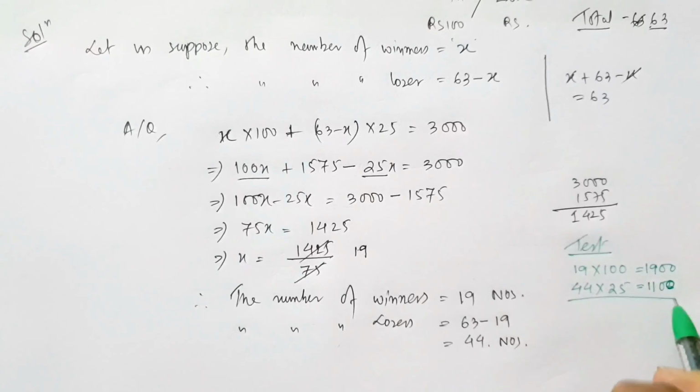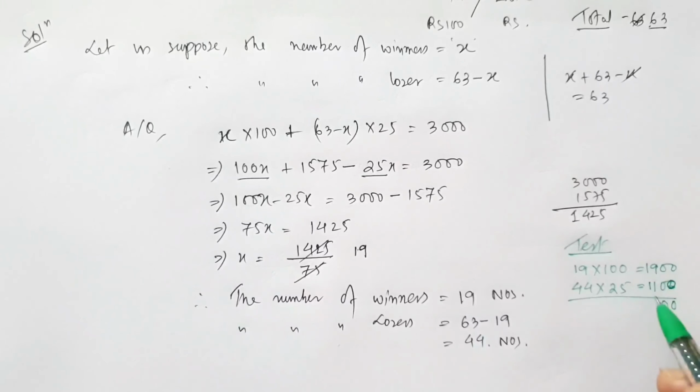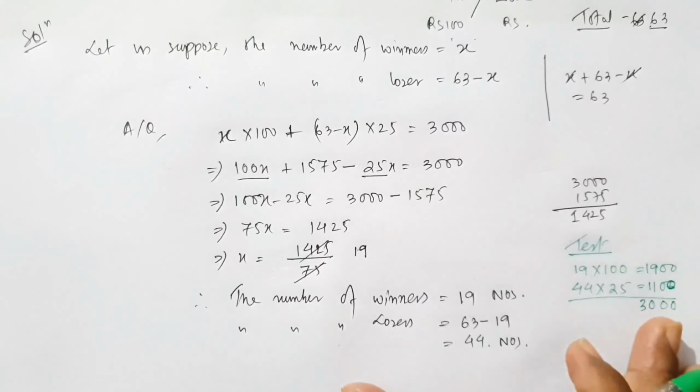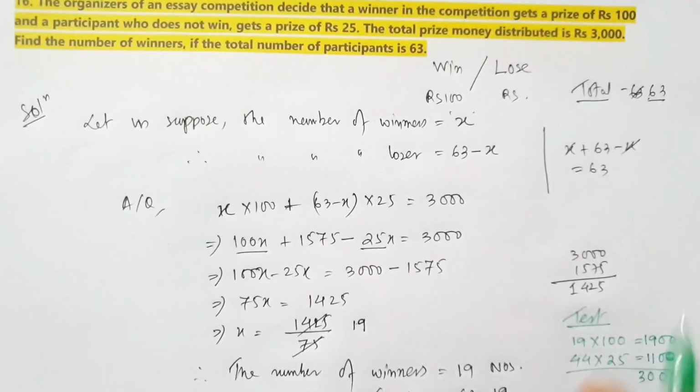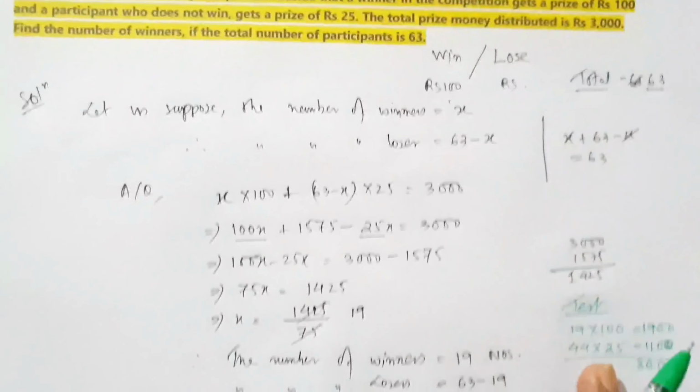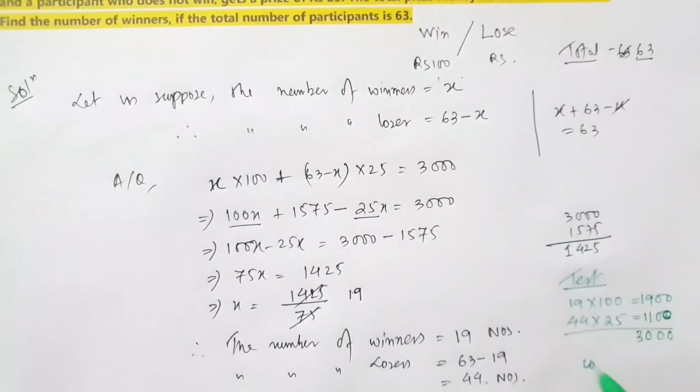Now once we add 1900 plus 1100, 9 plus 1 is 10, carry 1, 1 plus 1 plus 1, 3. That is rupees 3000. Now if you see the question, we find that the total amount should come as rupees 3000. So our calculation is correct.